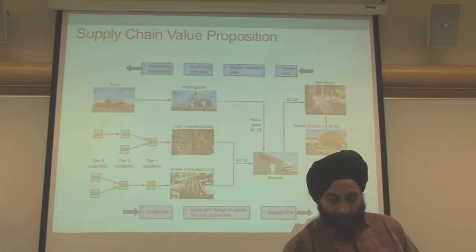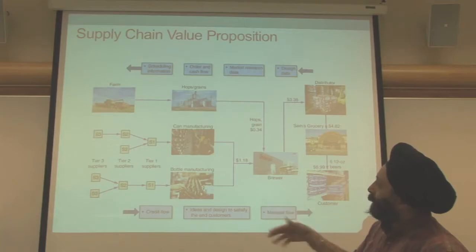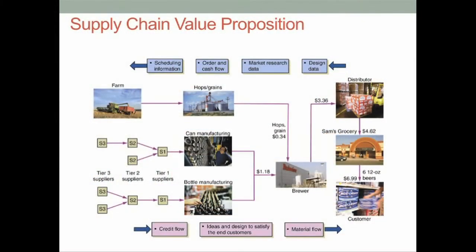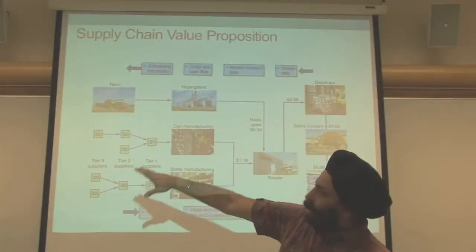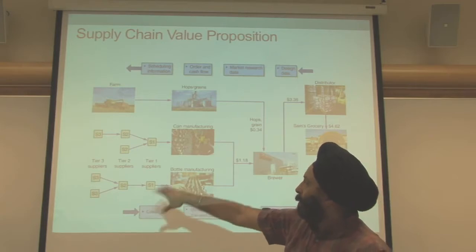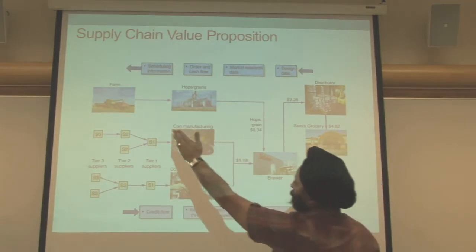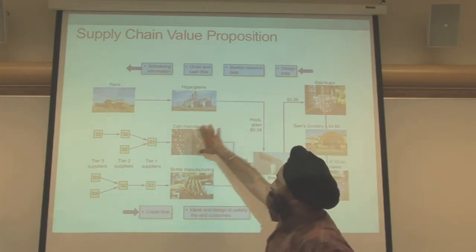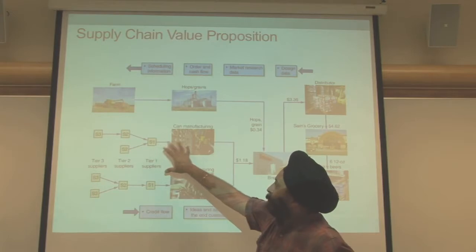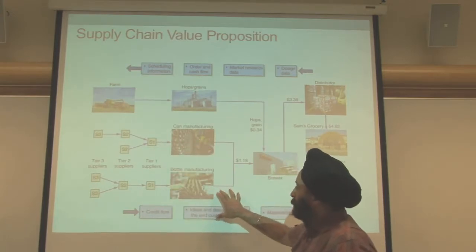Now the value proposition in a typical supply chain: let's take the example of Budweiser beer. Hops and various grains are coming from farms and a variety of suppliers. Notice the hops and grains going into the grain mill, and there are suppliers for aluminum cans and other suppliers for glass bottles.